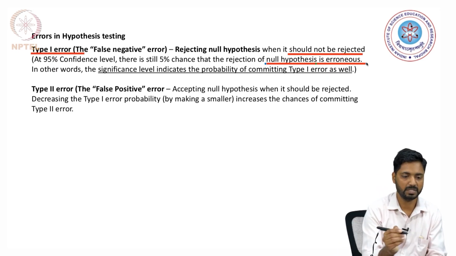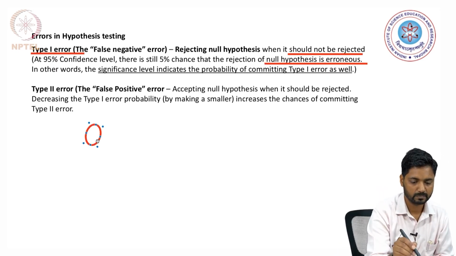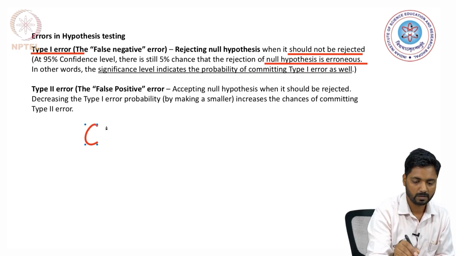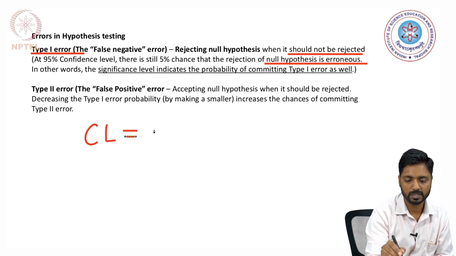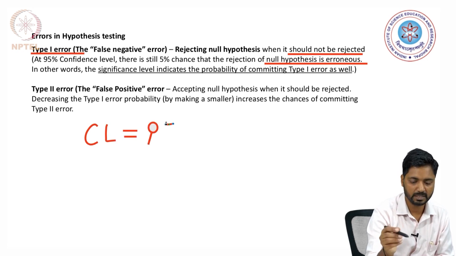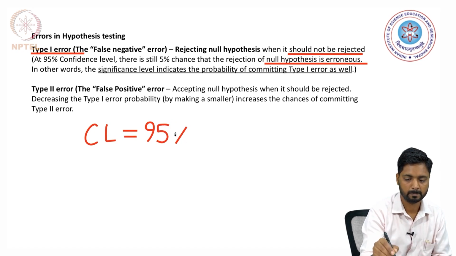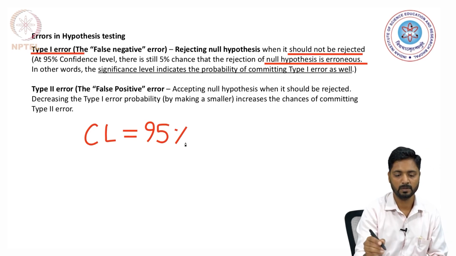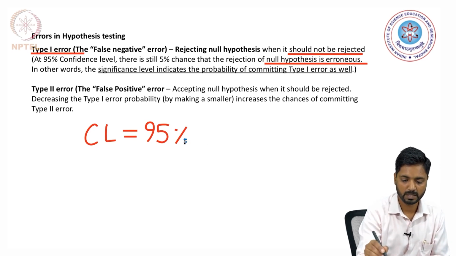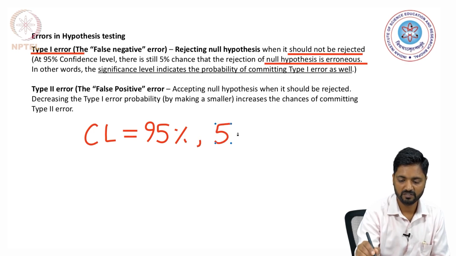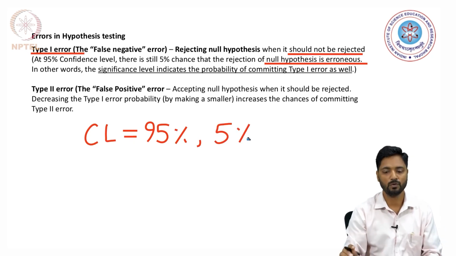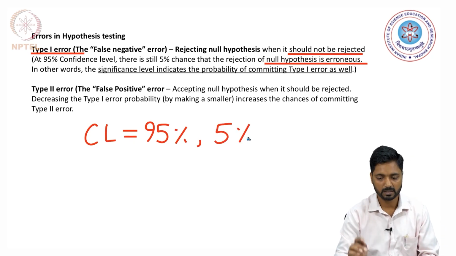So just to rewrite it, if the confidence level is 95%, we still have a 5% chance of making a type 1 error.